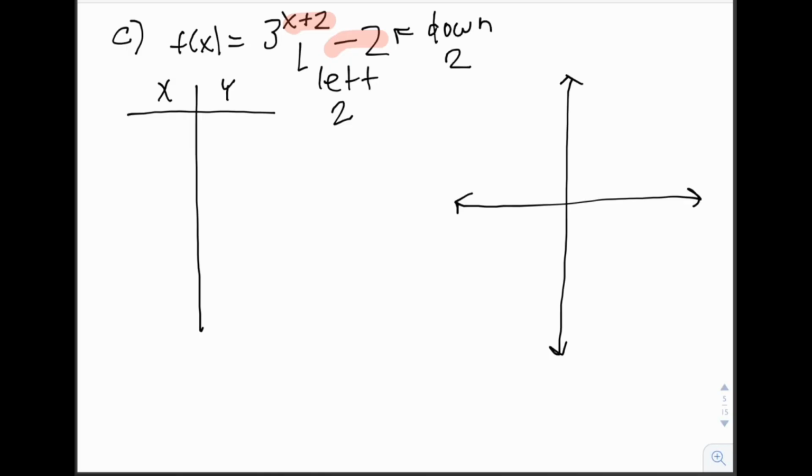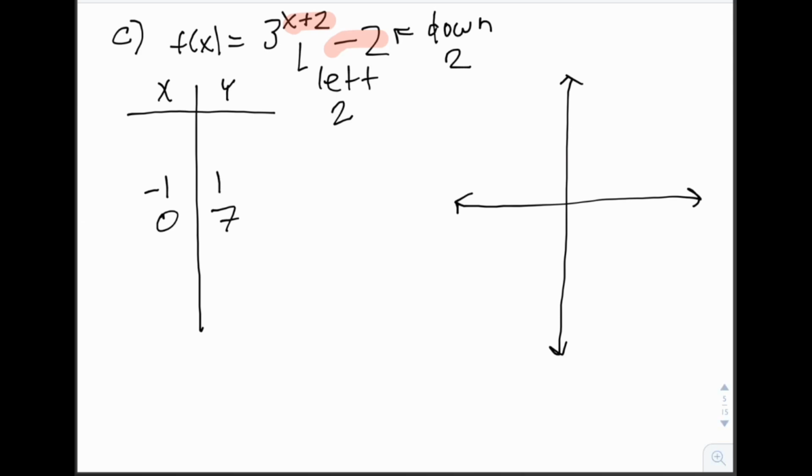So let's go ahead and try to plot some points given this new information here. So if I plug in a 0, that is going to get me a 3 raised to the 0 plus 2, or 3 raised to the 2, which is 9, and then minus 2 gives me a 7. Now if I pick a negative 1, this will get me 3 raised to the negative 1 plus 2, or 3 to the 1, minus 2.